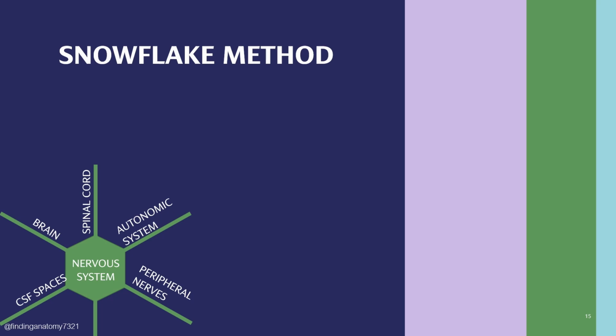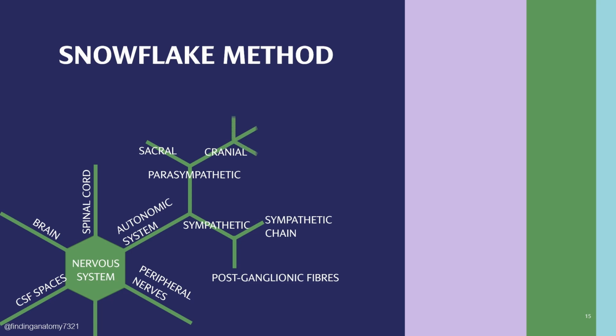You choose one of these areas. In the autonomic nervous system, for instance, there are the parasympathetic and sympathetic nervous systems, and each of these have their components, which then have their own components. So you keep subdividing a broader area into narrower and narrower topics.